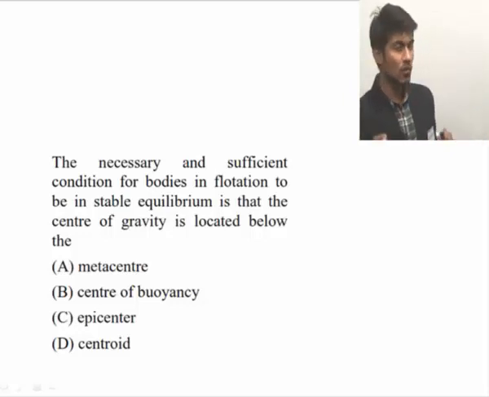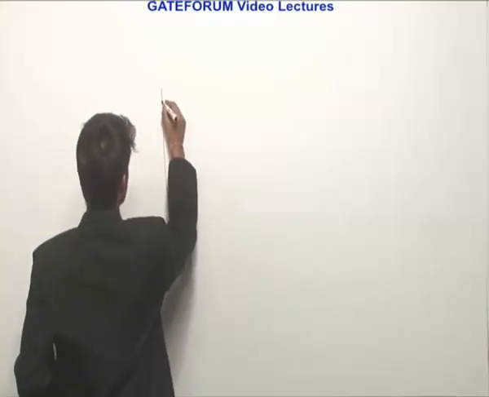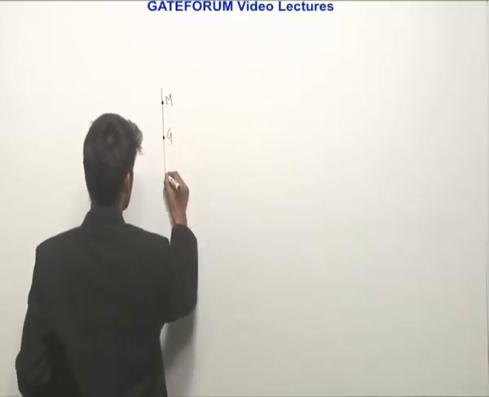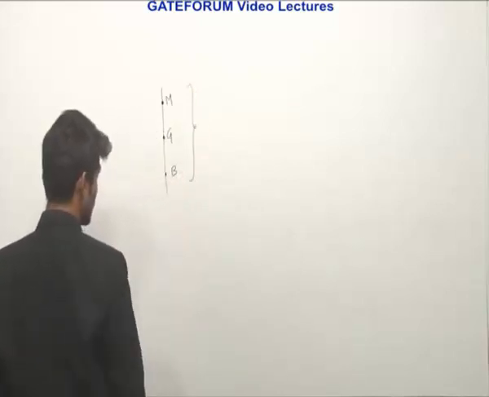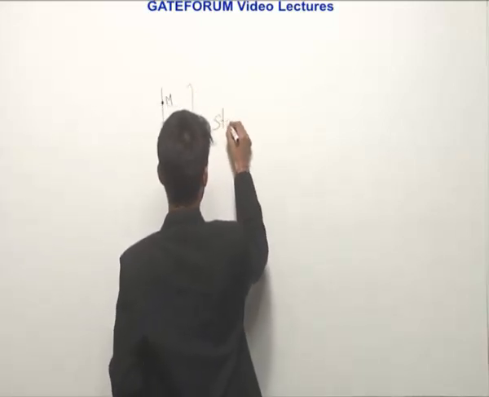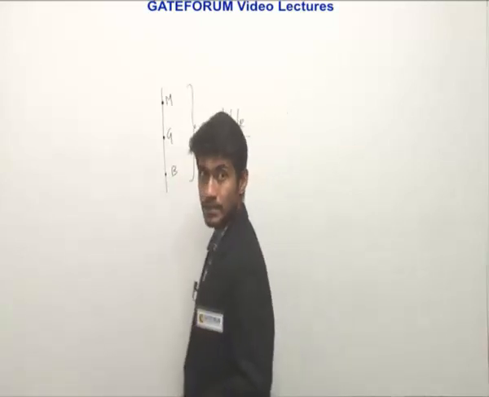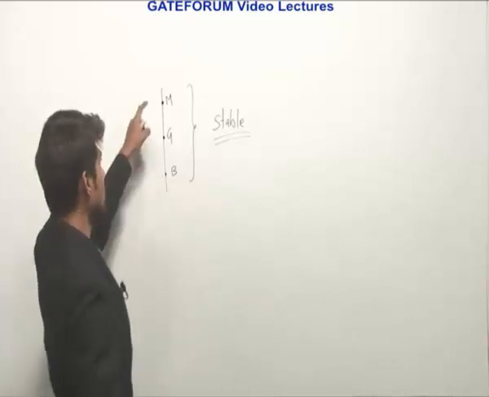Now, for floating bodies, we have one rule regarding metacenter, center of gravity and center of buoyancy: the body is stable. So for our case, the answer should be center of gravity located below metacenter.